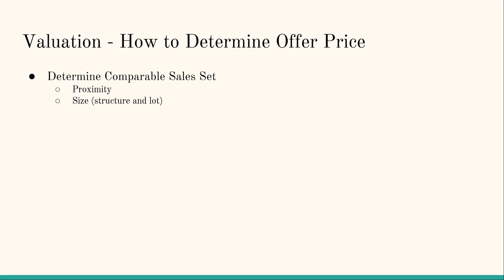If there are a lot of comparable sales of approximately the same size as the subject, you can narrow your band of size. But if there aren't that many, then you may need to widen the band so that you have enough properties to be able to make a determination about the market.